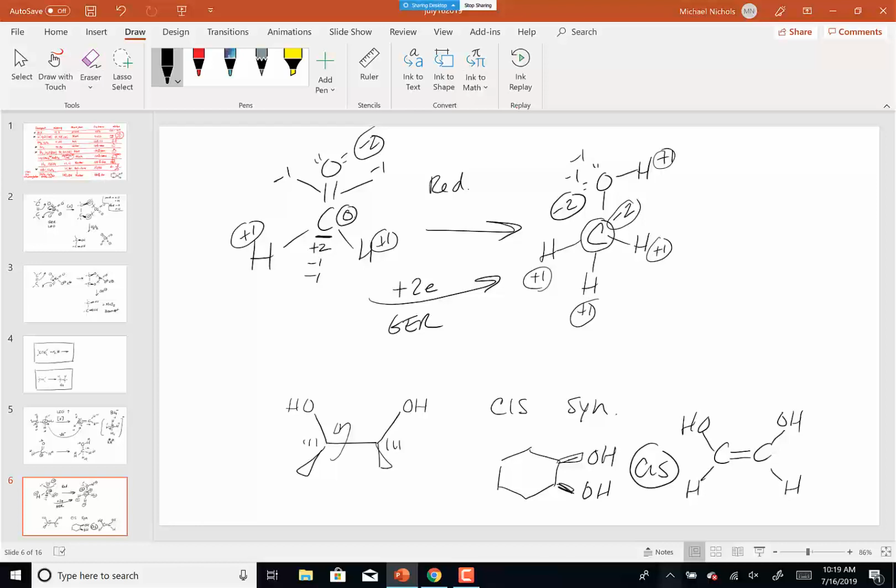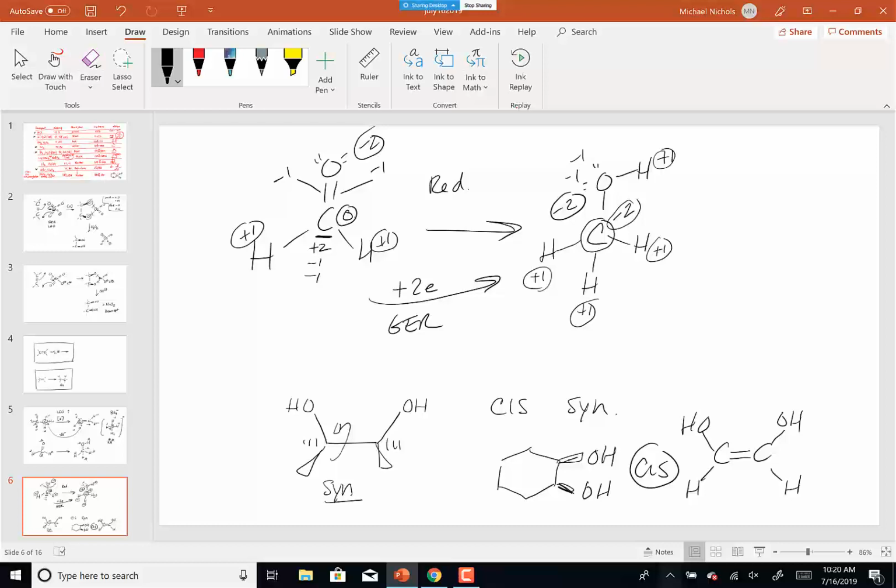I can rotate the cyclohexane ring all I want, but those OH groups are never going to change from being cis to trans. In a system that's acyclic, we would actually call those two OH groups syn, meaning that they're going to be on the same side. I can make a conformation where they're on the same side.